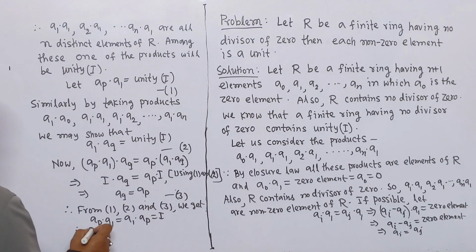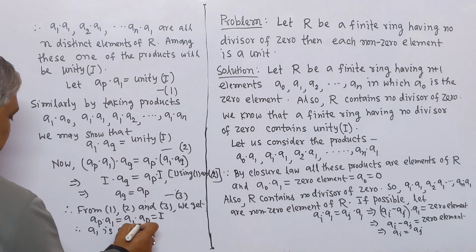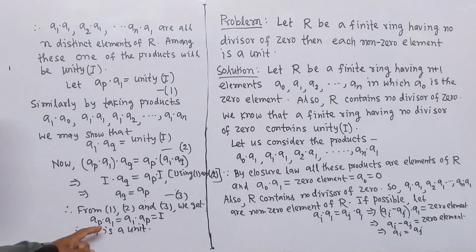Therefore, a1 is a unit, meaning we get the multiplicative inverse of a1, that is ap.